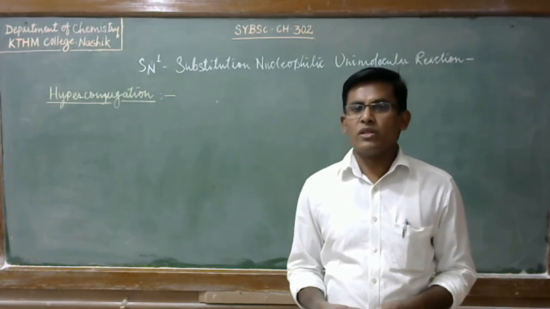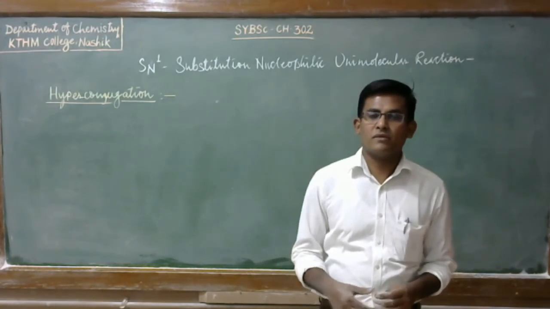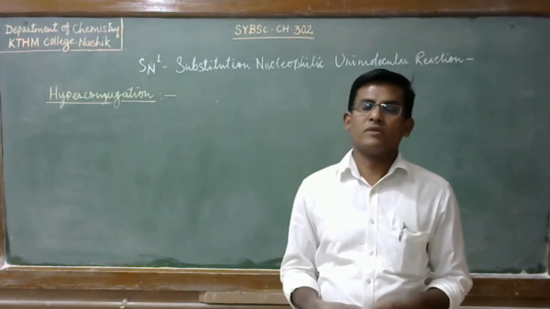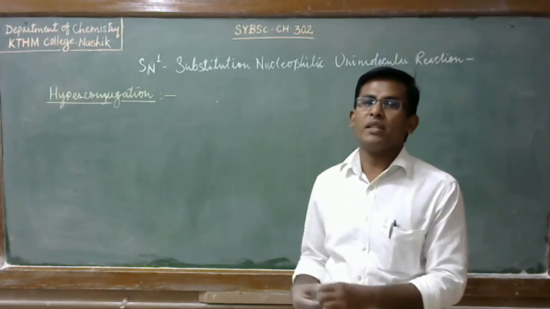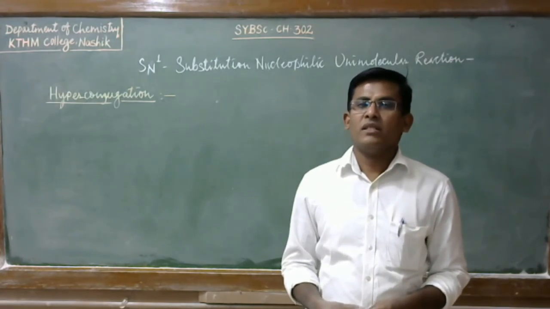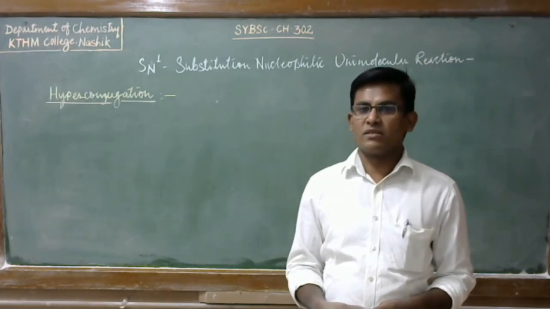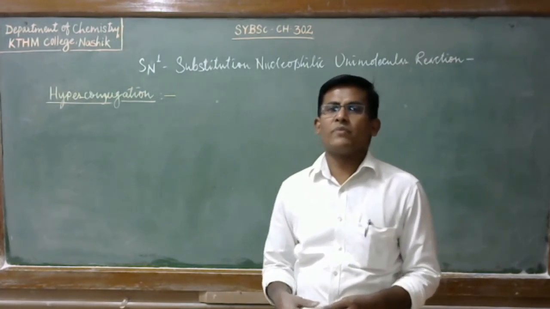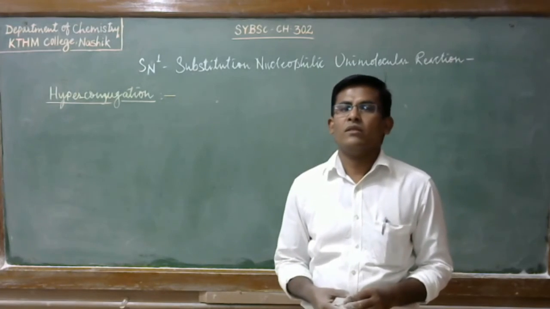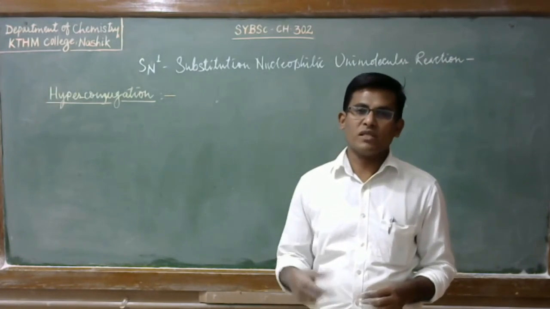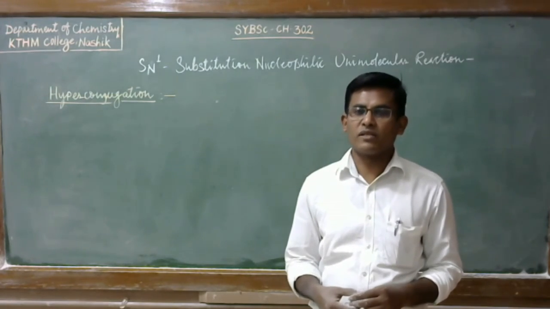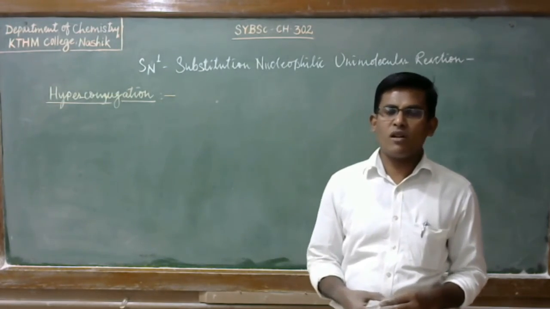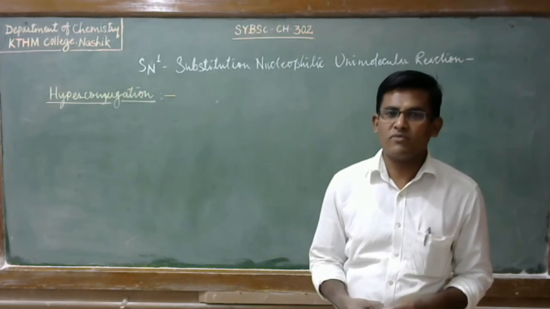So delocalization of these electrons from the adjacent CH bond to the empty p orbital is called hyperconjugation. The more the CH bonds, the more hyperconjugation will be there.